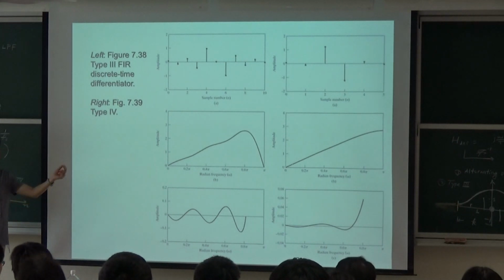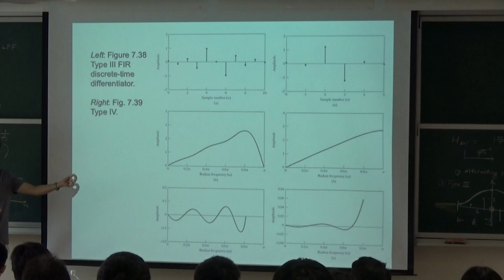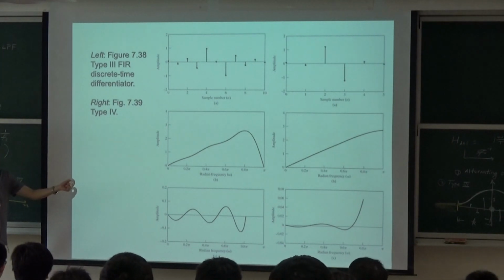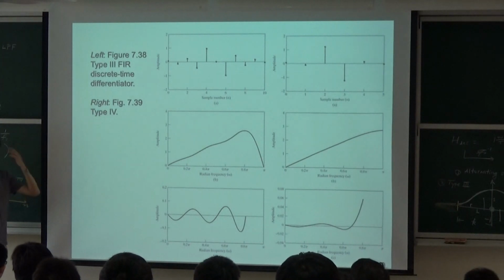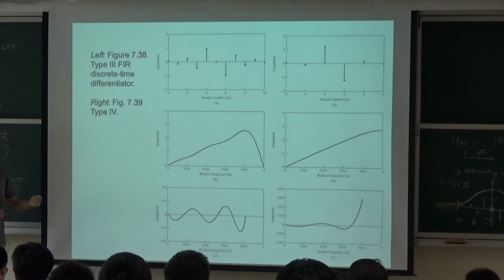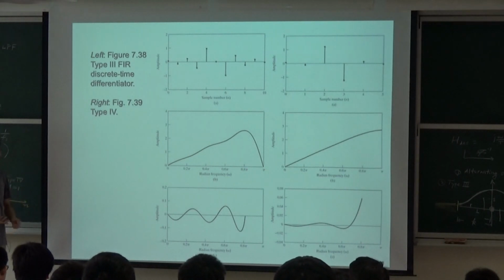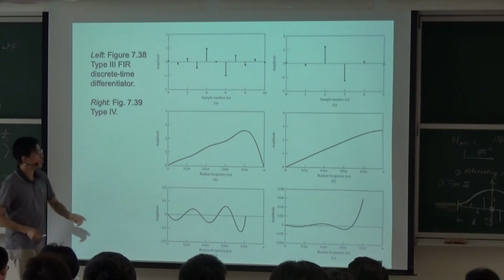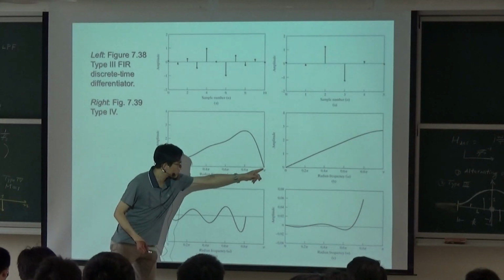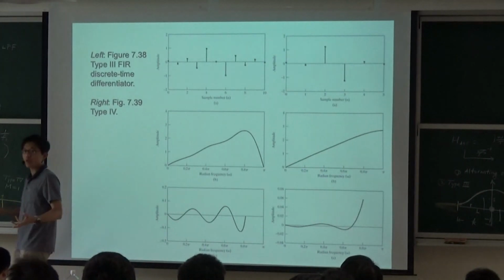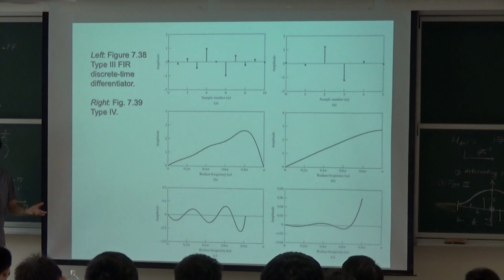That poses a constraint. Whenever we design a type 3 filter, please keep in mind that however fancy your design is, you will get a response which has a 0 magnitude response at frequency pi. It's a restriction. It's a constraint. It's a matter of fact.